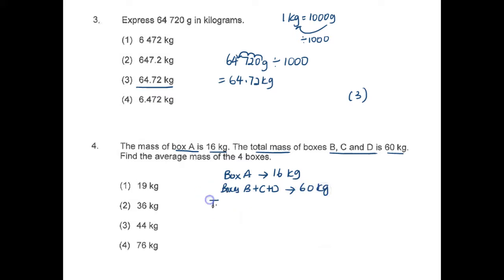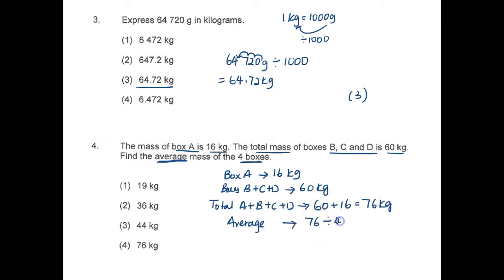So the total mass of A plus B plus C plus D would be 60 plus 16, which is 76 kilogram. So I want to find the average mass of the 4 boxes. So average of the 4 boxes should be 76 divided by 4, and my answer will be 19 kilogram, which is option number 1.